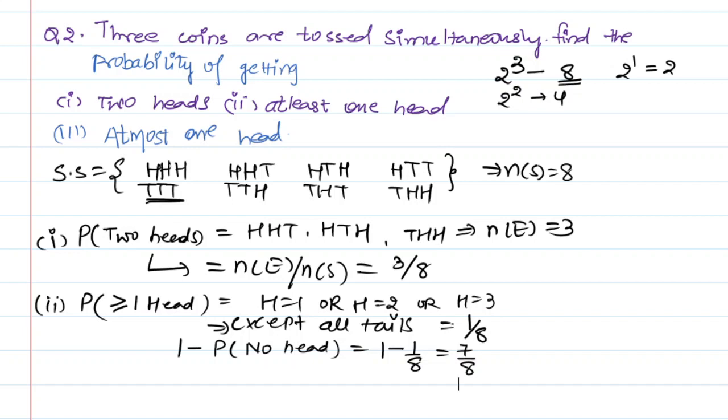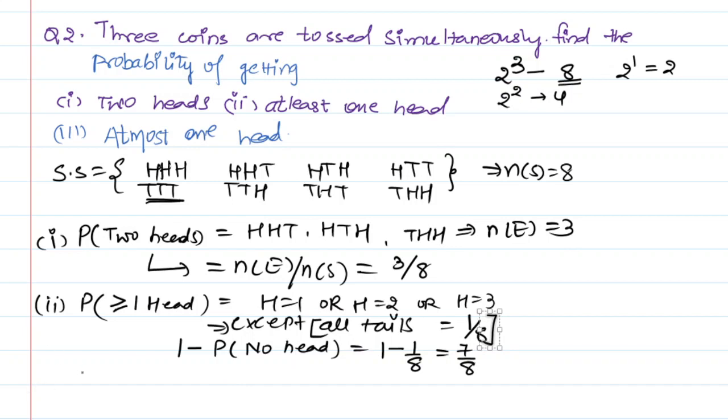Fine. So this 1/8 is the probability of getting all tails. So this is what I have subtracted from 1. Why have I subtracted from 1? Because we know the total probability is equal to 1.